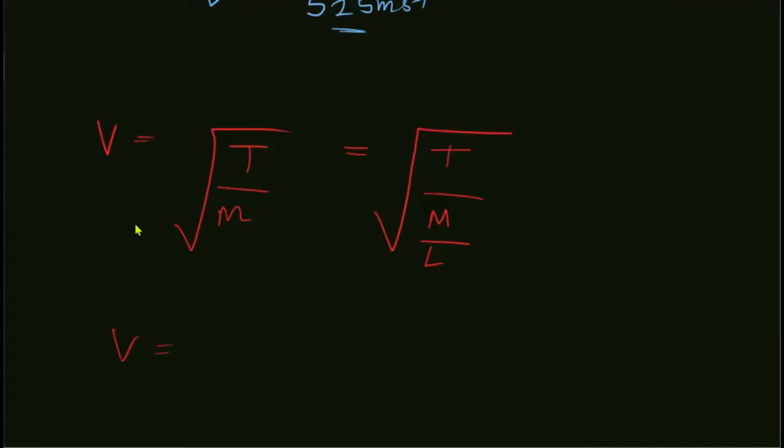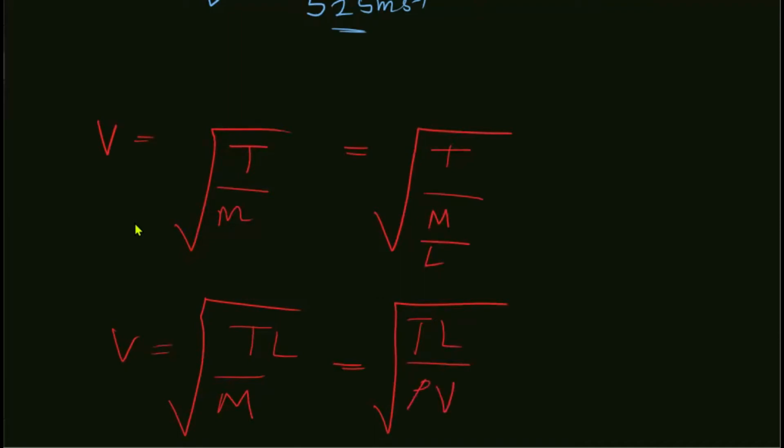So the velocity, further you can write it as root of T L divided by M. Mass can be written as density into volume, so this is volume, not velocity.